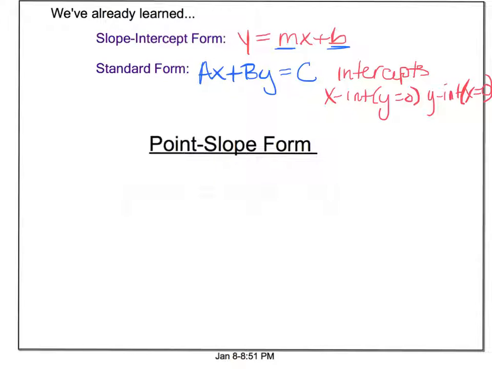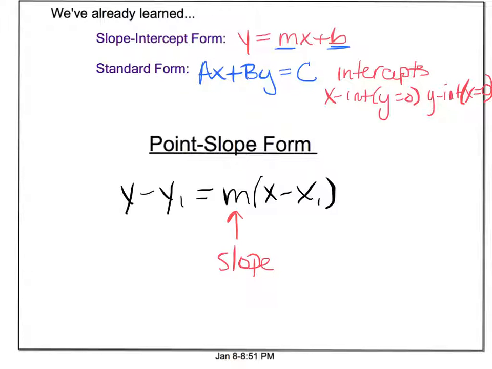Well, now we're on to our third form. That's called point-slope form. And that one gives you a point on the line and a slope of the line. This is what that one looks like. M is the slope, as it always has been.